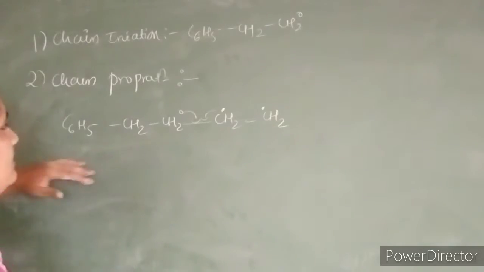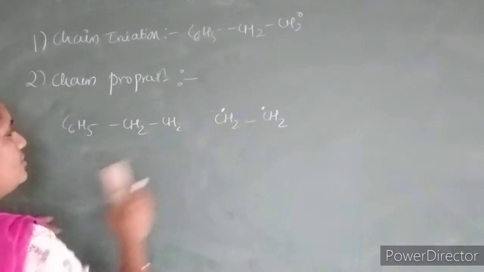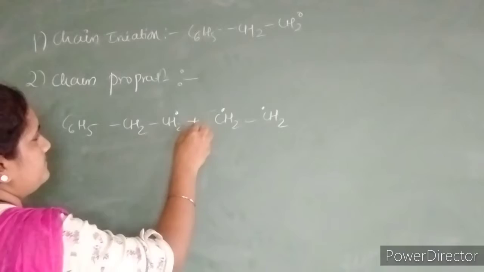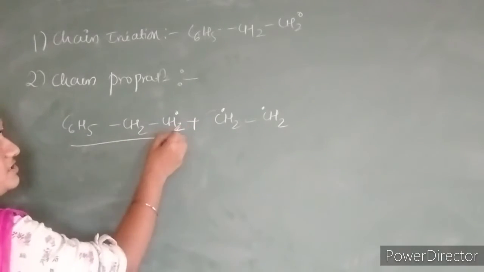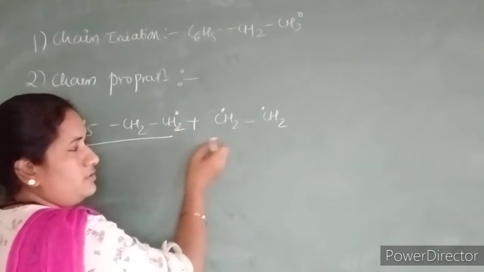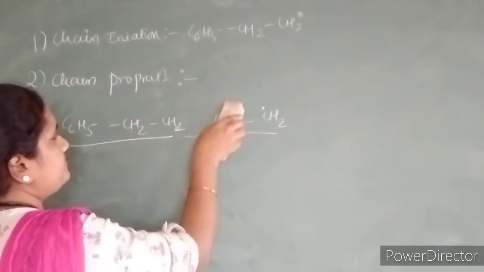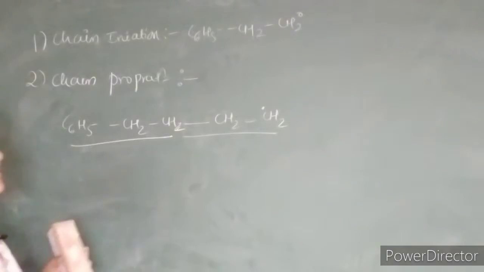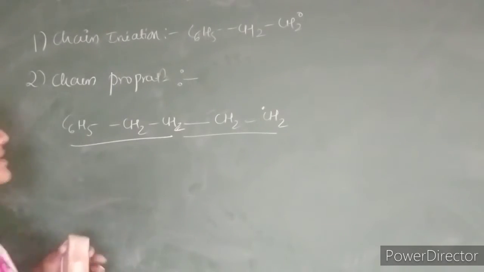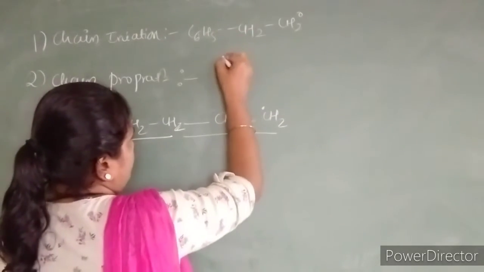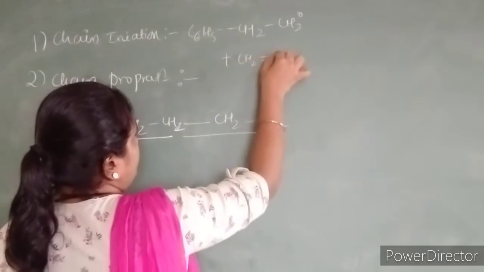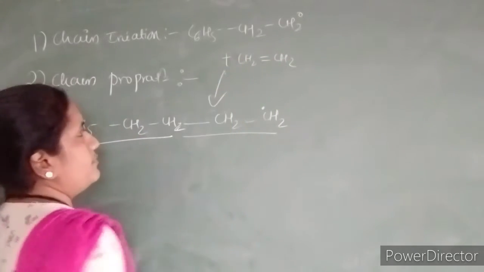See here. Firstly we have only this much length, only this much. But whenever it is added to this ethene molecule, we get the formation of this product. Now we can write it as plus CH2=CH2, and we get this product.